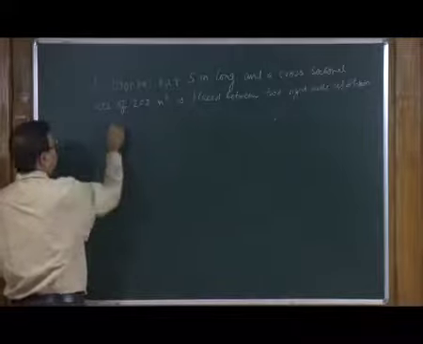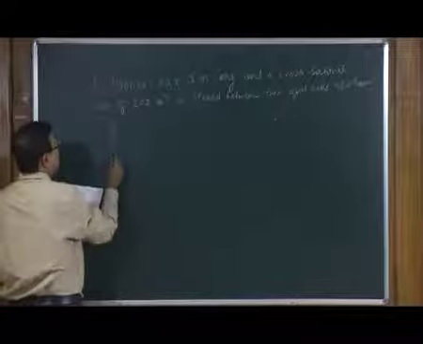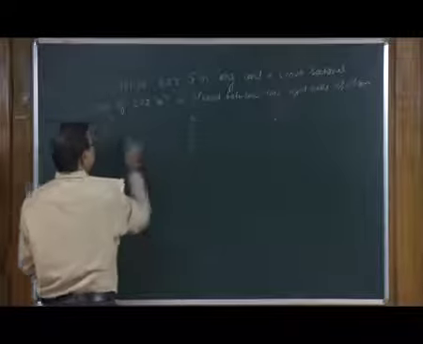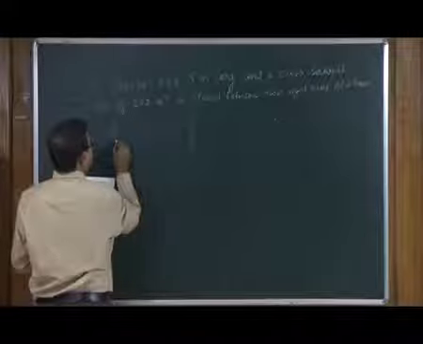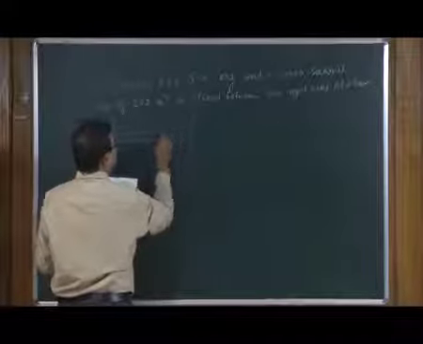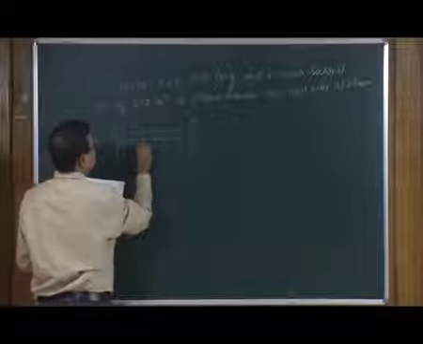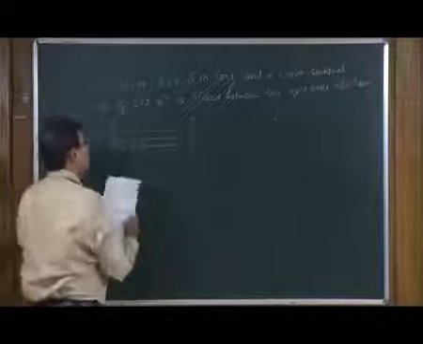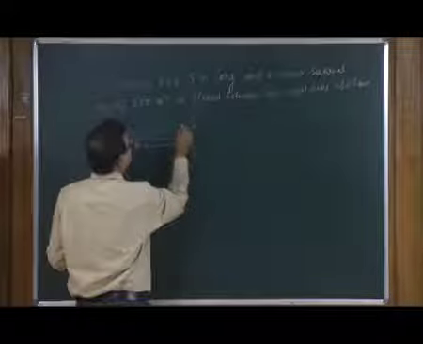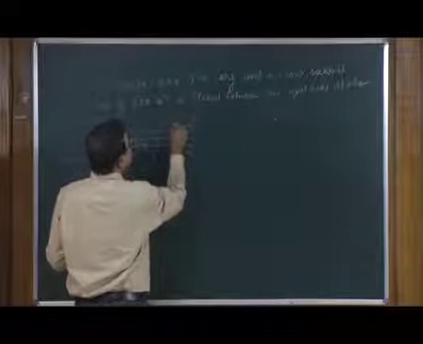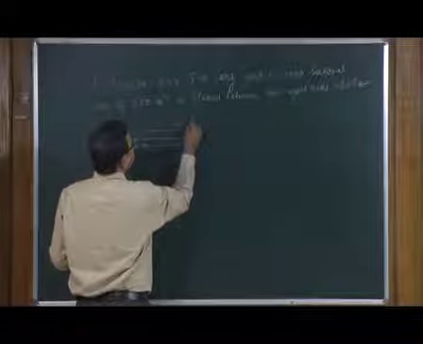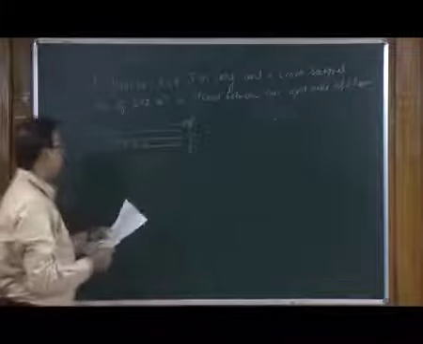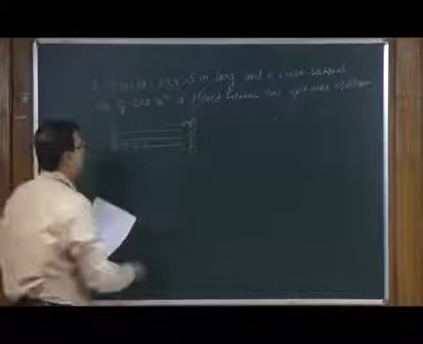So, there are two rigid walls. There is a bronze bar which has an initial length of 5 meter and there is a gap of 20 millimeter. So, there is a gap of 20 millimeter with the right wall and this happens.